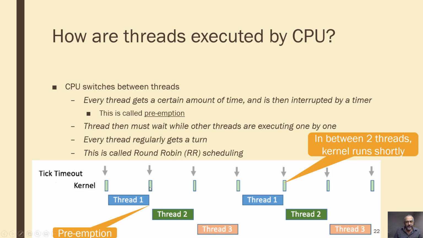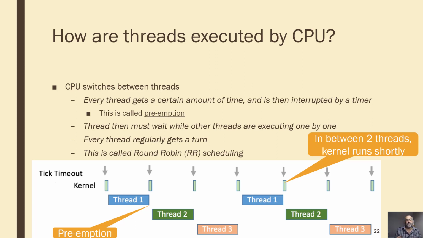In between two threads, you see there's a short amount of time where the operating system runs. So the switching from thread 1 to thread 2, that is a bit of work. Some things have to be saved and some other things have to be restored. The work of thread 1, basically the values of the variables of thread 1, they have to be saved somewhere.